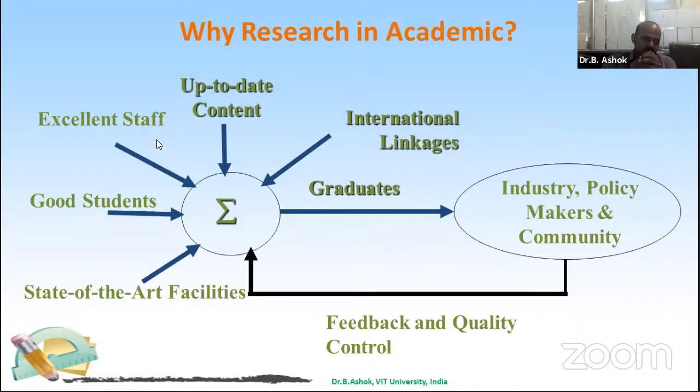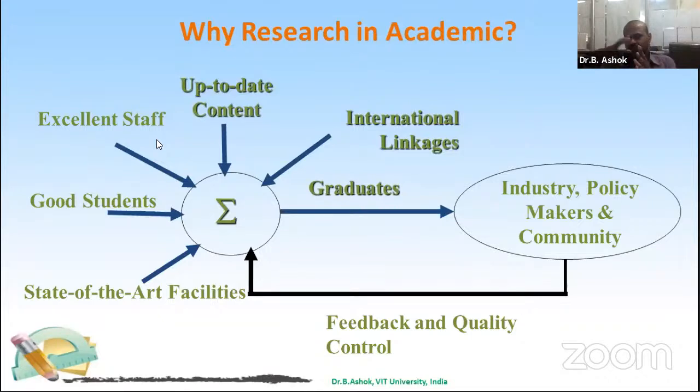The skills of the manpower we prepare should meet industry requirements and demand. To meet them, we need to follow the works or the system followed in industry in academics also.